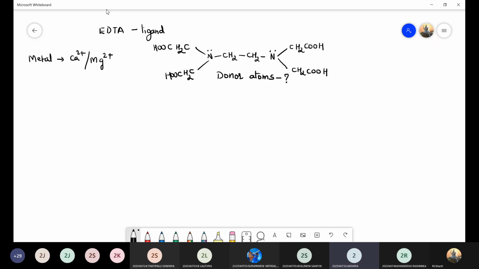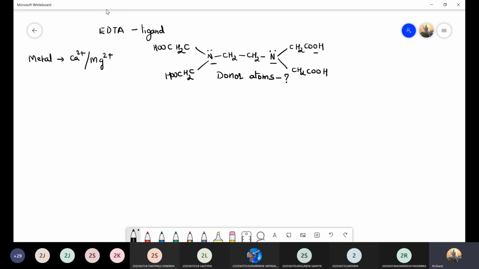Two? No. 4, ma'am. Which are those? You have two nitrogens with lone pairs of electrons. Along with that, you also have 4 more donor atoms, that is nothing but your acetate ion.